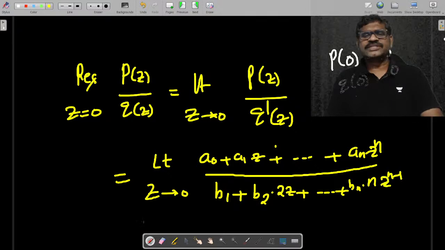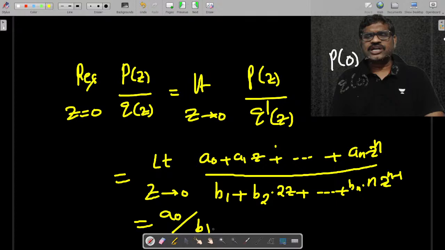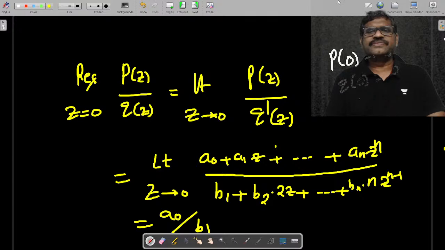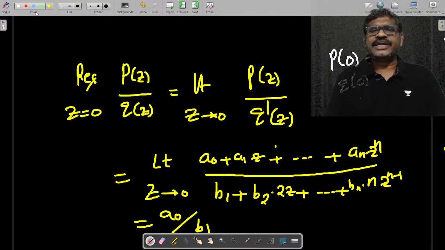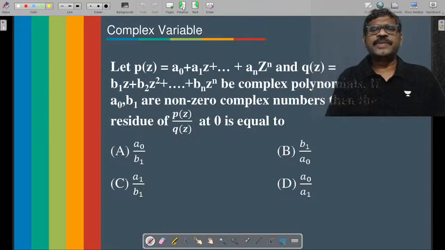When z is tending to 0, numerator is a naught, denominator is b1. So a naught by b1 is the answer. So the residue of P of z by q of z at z equal to 0 is a naught by b1.